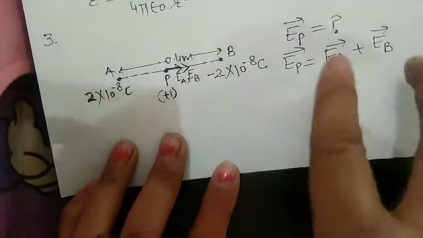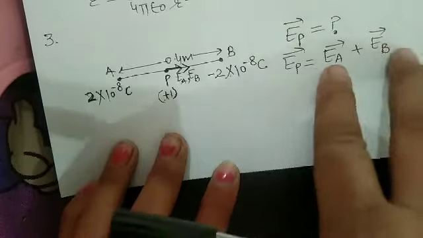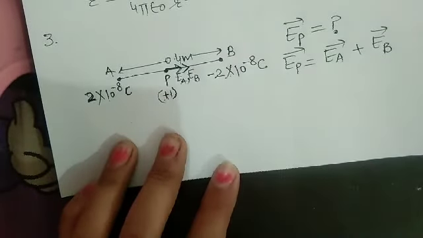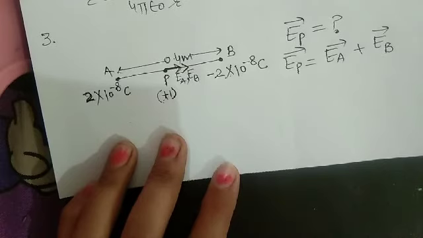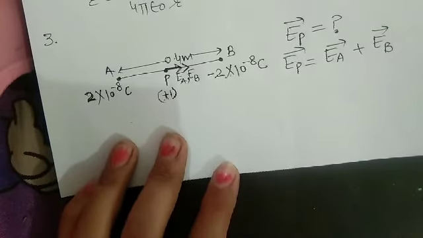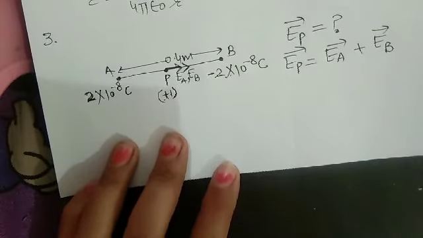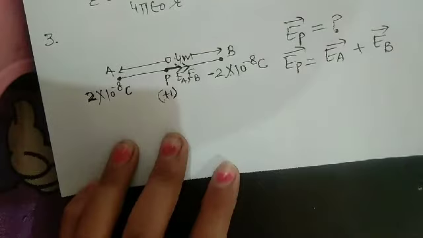Why am I adding? Because these two vectors are along the same direction. Okay, instead of doing the mathematical section, I am just giving a view of how to solve different numericals in different cases.